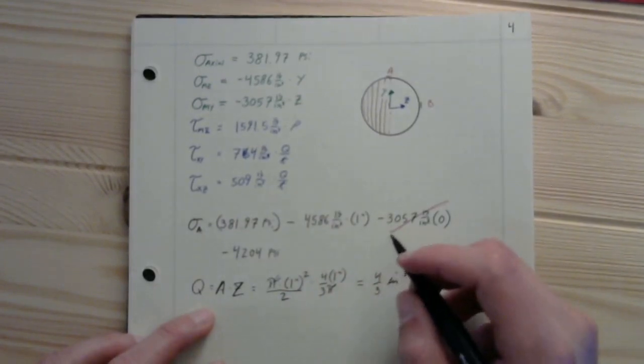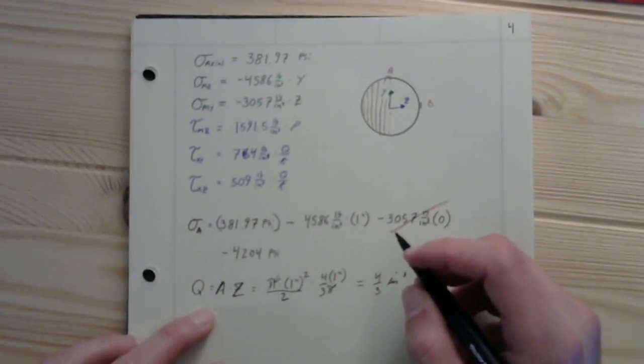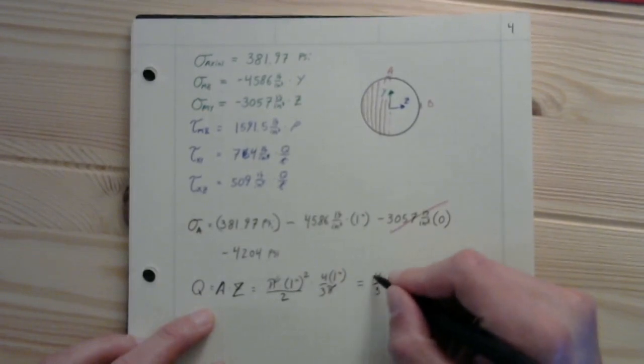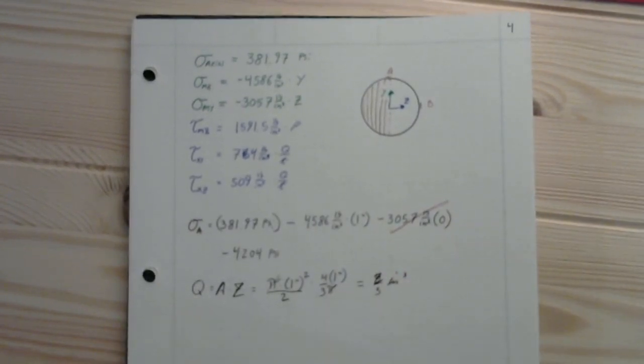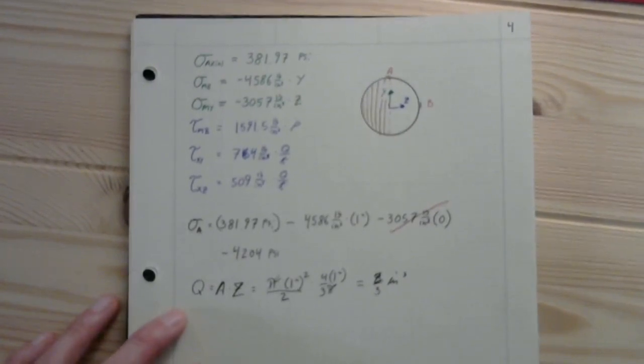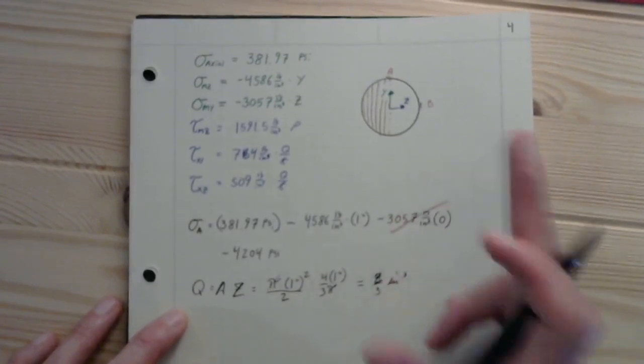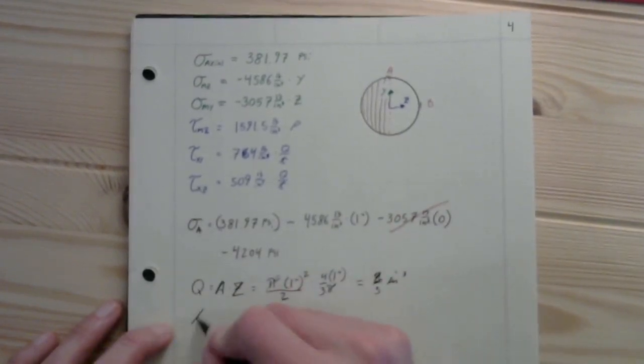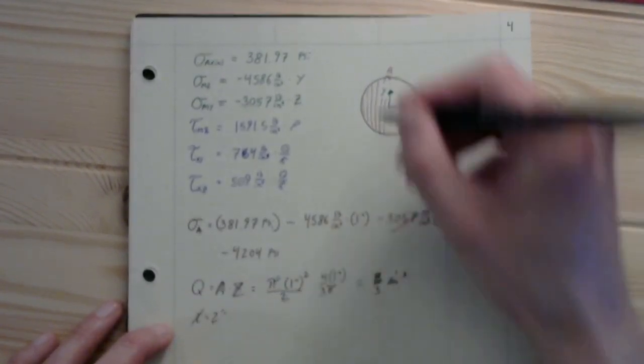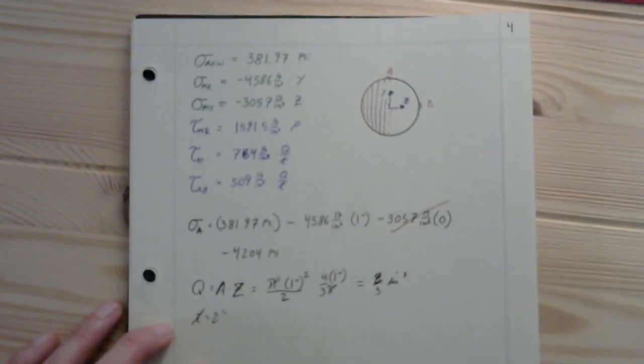How silly. So it's going to be 2/3 inches cubed. All right. So now we've got Q down. T will obviously be when we're taking it from this point to this point.